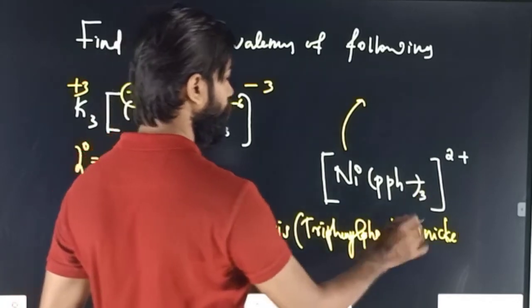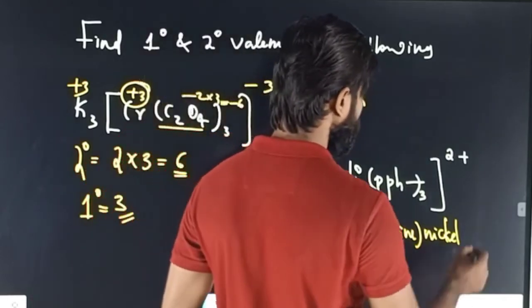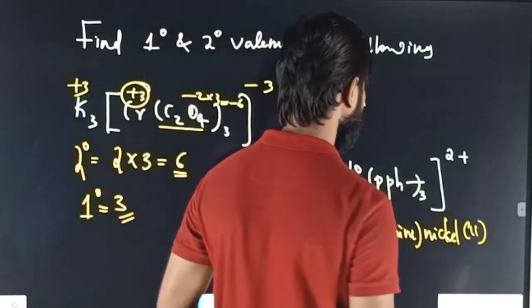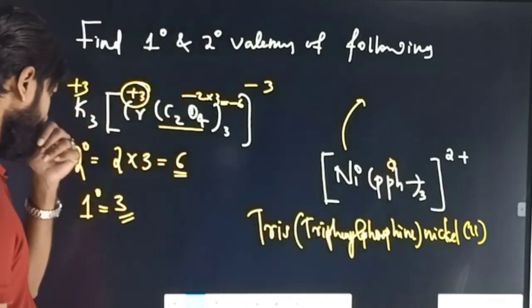I'll leave it, no need of 6 times, 3 times. Tris triphenyl phosphine, nickel 2. This is 0, nickel 2. Ready? Fine.